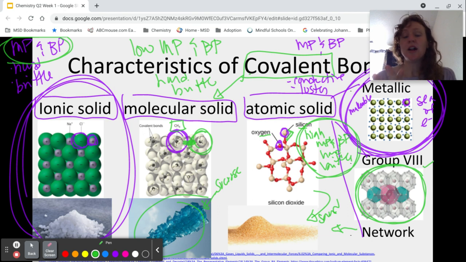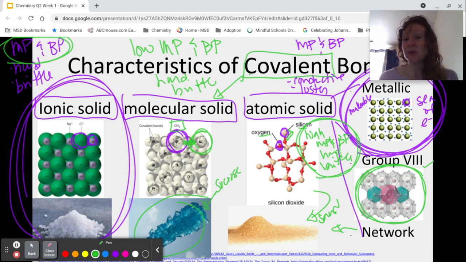Okay, so all of this to say, what are the driving properties of things that are covalently bonded? Well, they're a little bit all over the board. They can have high melting points like diamonds, or they can have low melting points like carbon dioxide. They can be extremely hard like sand, silicon dioxide, or they can be very easily shattered like sucrose.